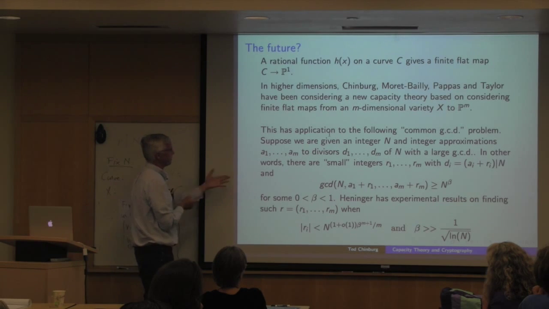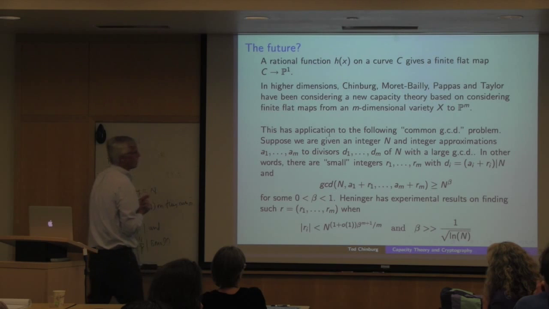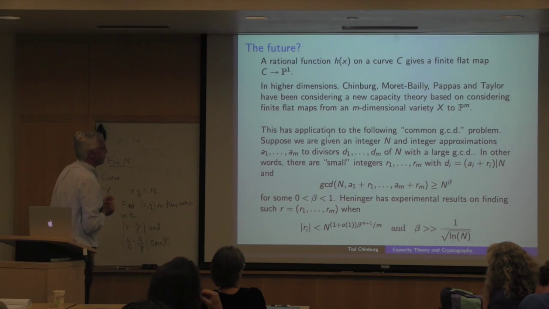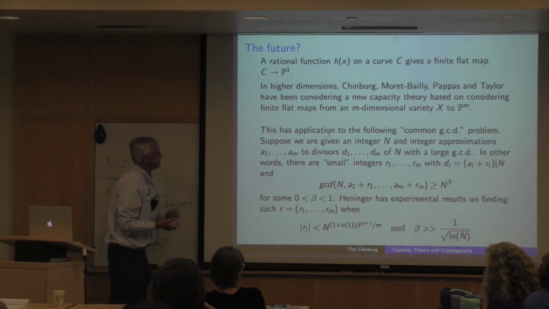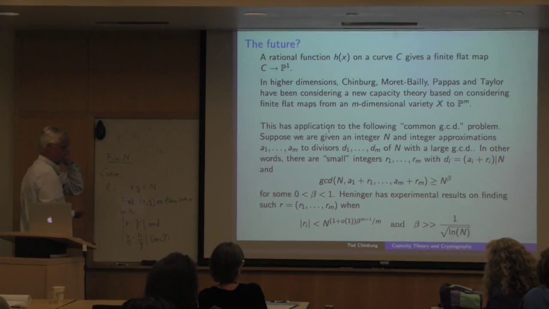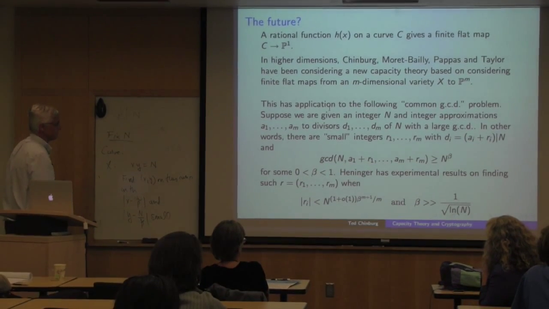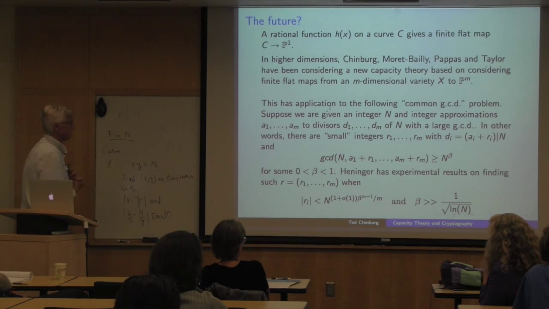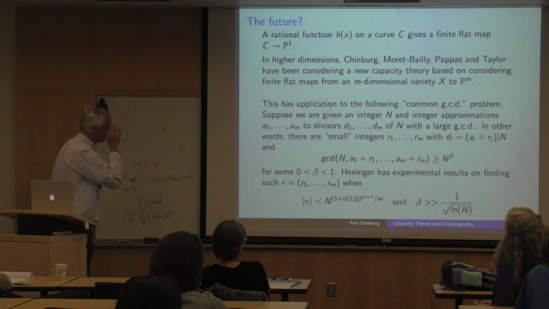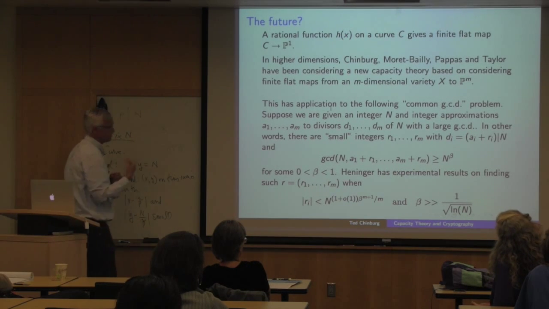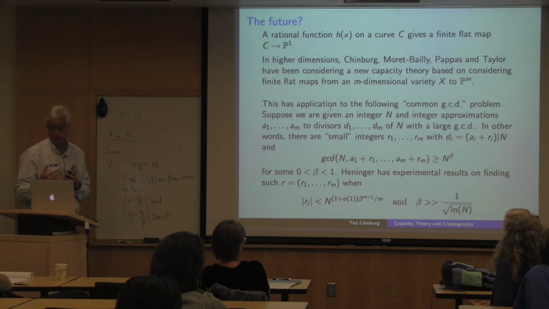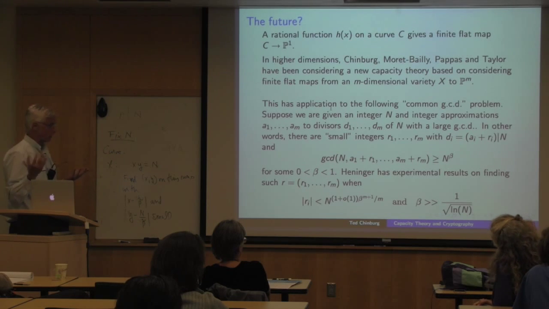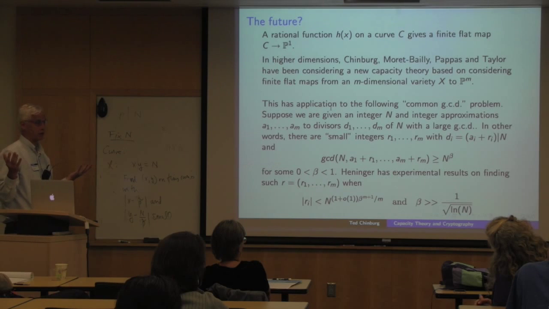Okay, let me talk about an application of being able to construct those things. There's this common GCD problem that I think cryptographers are much more familiar with than me. You're given some large integer n, and suppose we have a bunch of divisors. Somebody tells you there exist these divisors of n, which themselves have a large GCD.